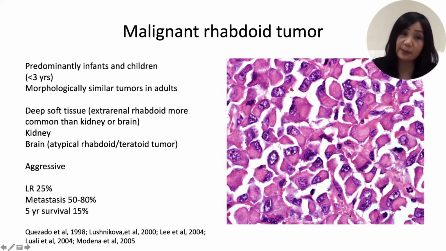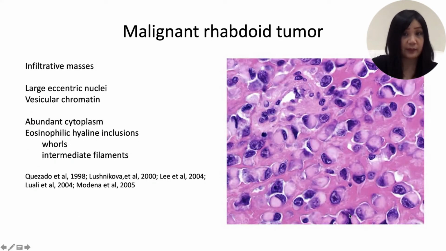There are morphologically similar tumours in adults, but they are rare. These can occur in the deep soft tissues or the kidney or brain, where they are called atypical teratoid rhabdoid tumour, and these are highly aggressive neoplasms with a dismal 5-year survival of 15%.